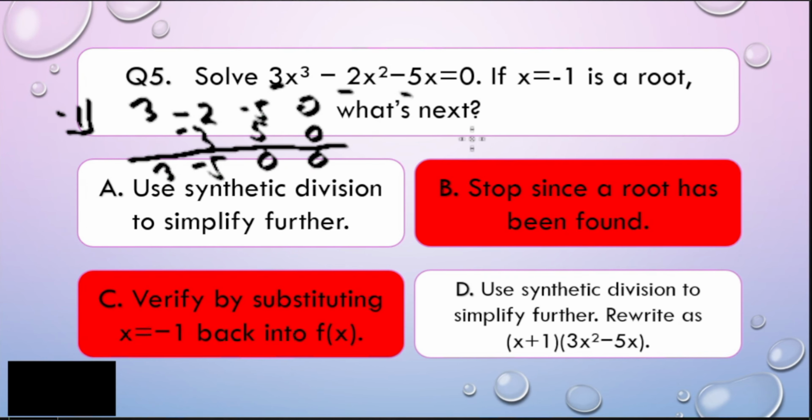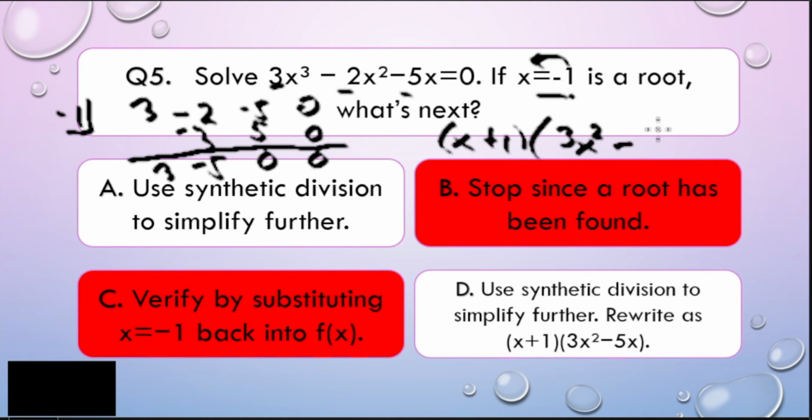So basically, you have x plus 1 for this one when you transpose it as a factor. And since we have a remainder of 0, therefore we can say that x is equal to -1 is a factor or is a root. Since this is 3x cubed, this will now become 3x squared, then minus 5x, which is lower than the x squared degree.